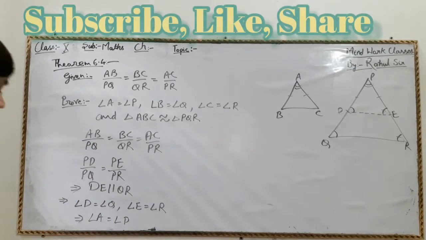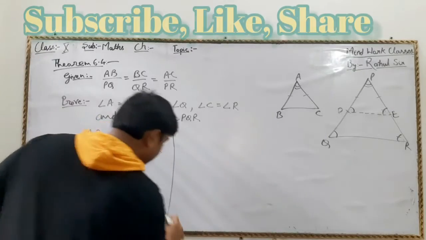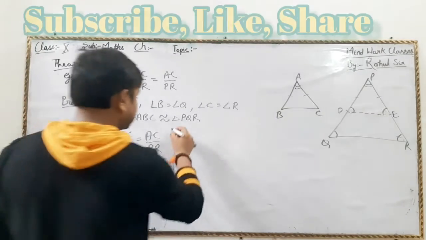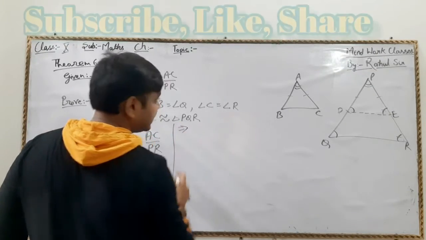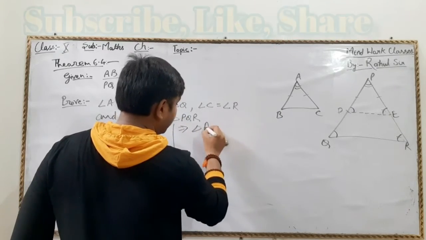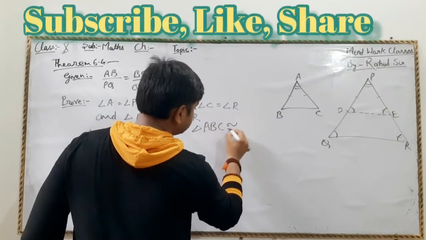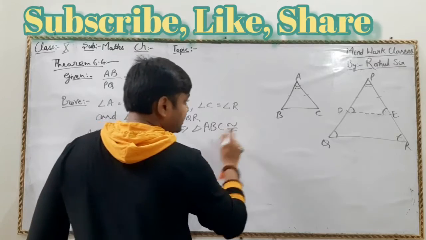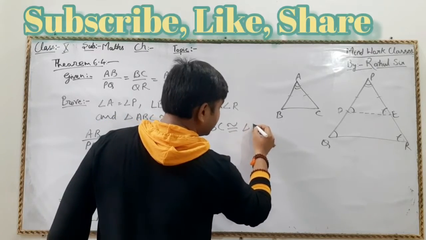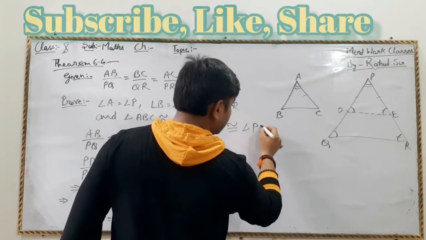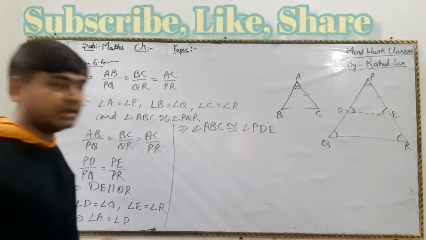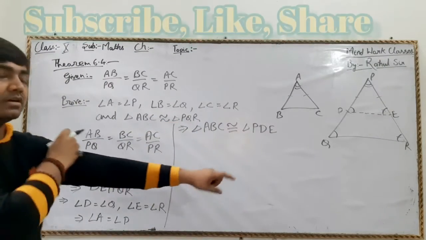Okay, now from here we can say that triangle ABC is congruent to triangle PDE. These two triangles are congruent.